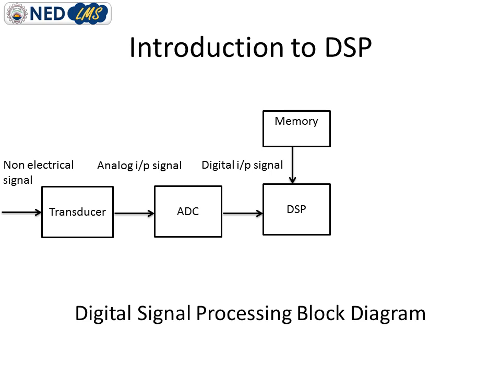After this, we may have an additional block which is a DAC block, or digital to analog converter. You may see first we convert the analog signal into digital form, and after processing with the help of this DSP block, we have a digital output signal, and this digital output signal may be converted again into analog form with the help of the DAC block, but this block is optional.